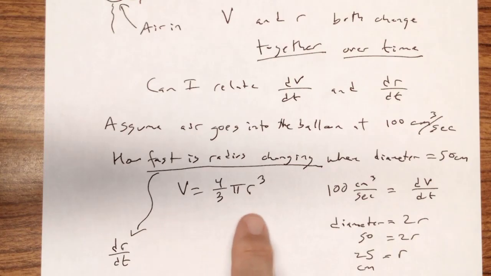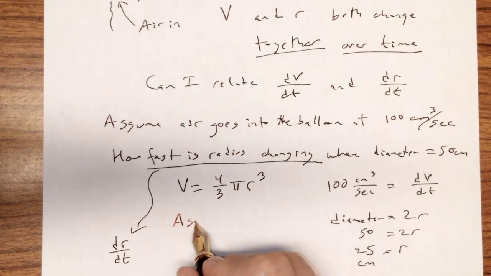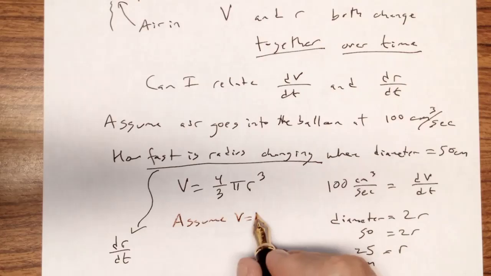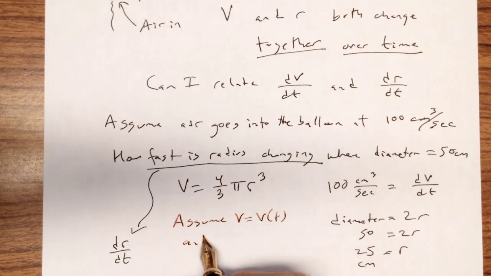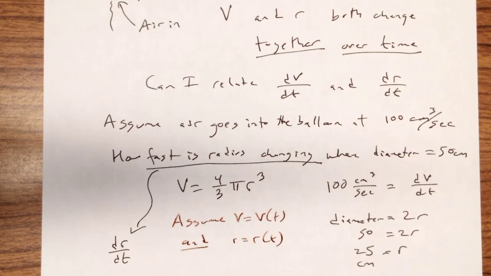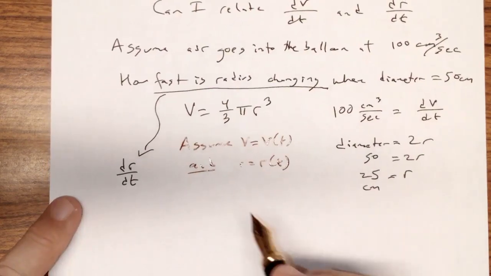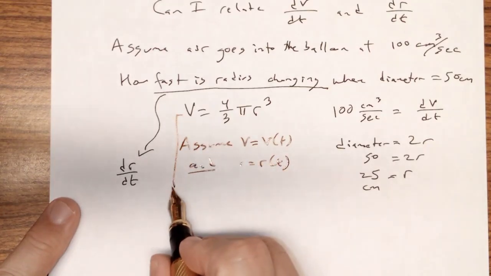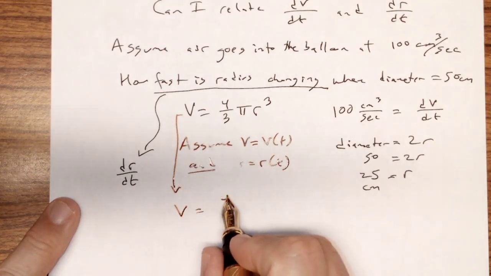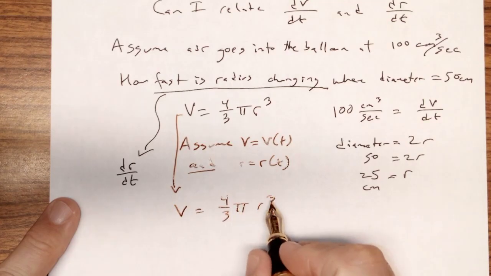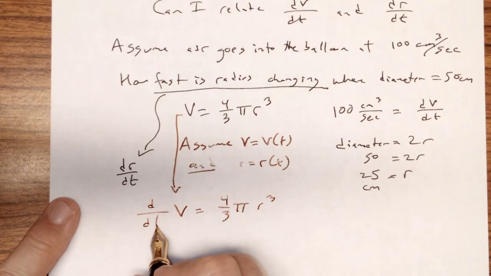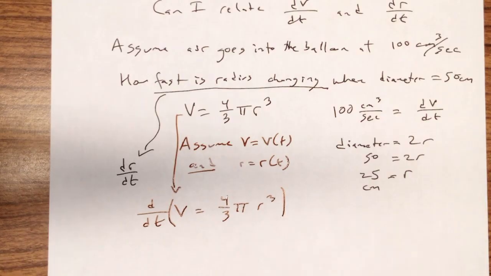I am going to assume that the two variables I have are really functions of time. And then what I'm going to do is I'm going to say, let's take this equation and let's take the derivative with respect to time everywhere.